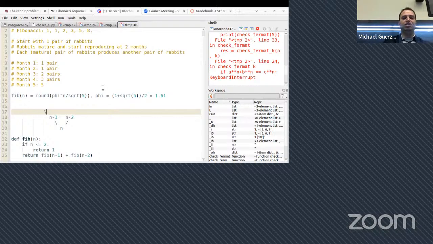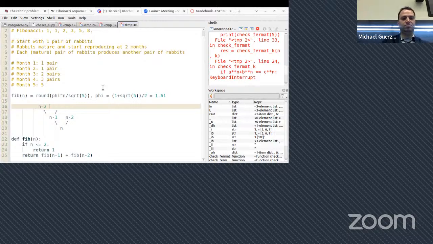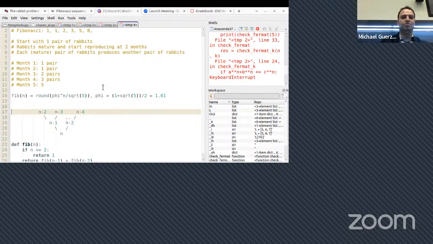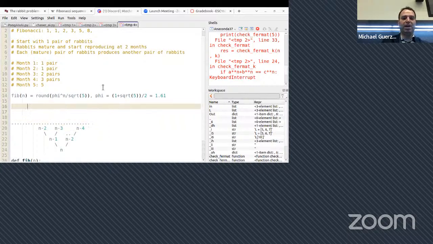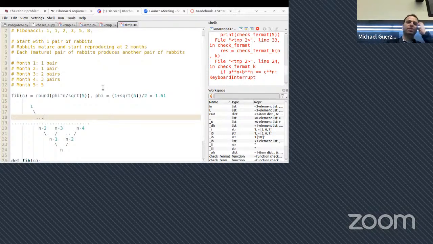Then to compute n minus 1, you need n minus 2 and n minus 3. And to compute n minus 2, you need n minus 3 and n minus 4. And so on, up until the point where over here, you'll get 1. That's a picture of all the calls.